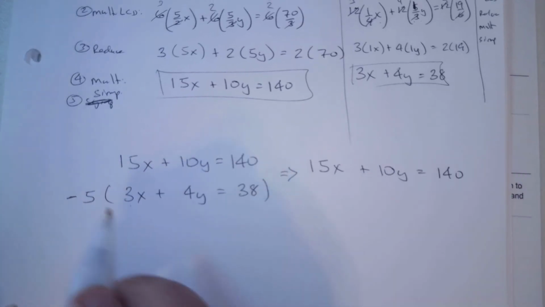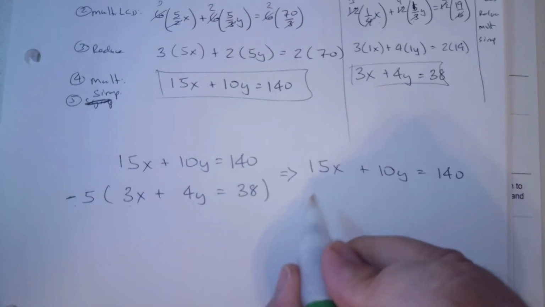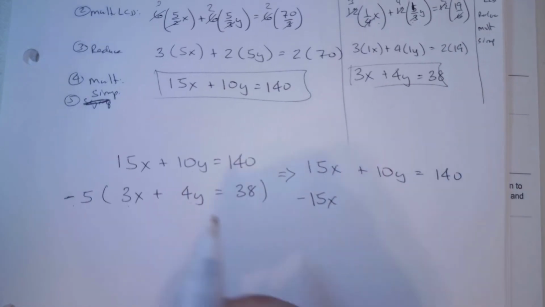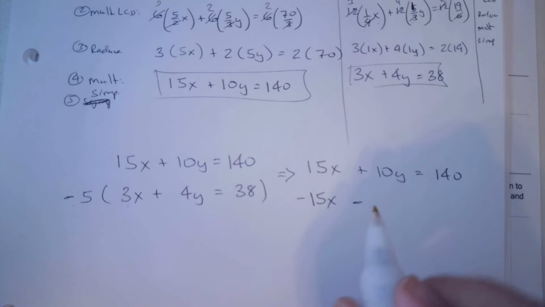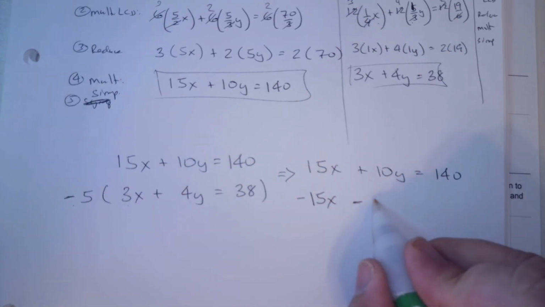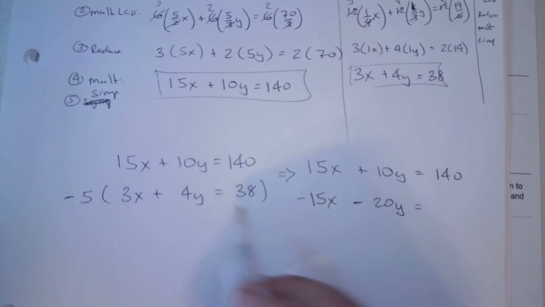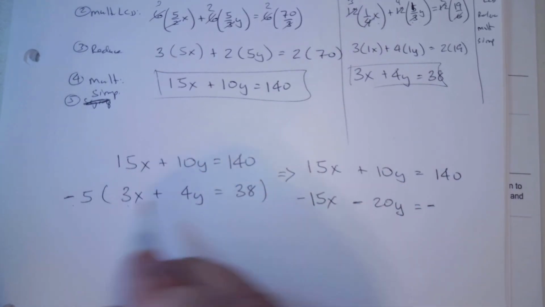So I have 15x plus 10y equals 140. That's the top one. Negative times positive is negative, 5 times 3 is 15x. Negative times positive is negative, 5 times 4 is 20. Negative times positive is negative, 5 times 38.